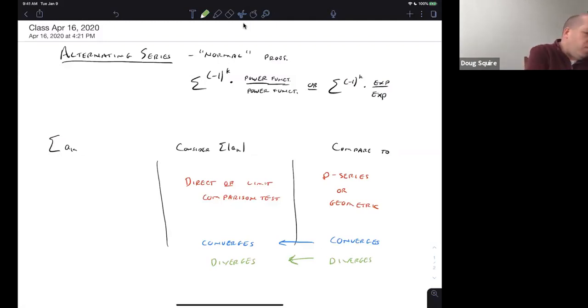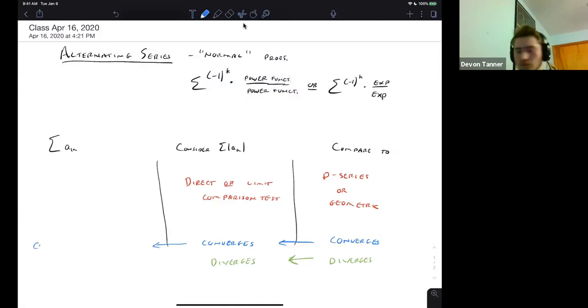Okay, if the one in the middle converges, so if both of the ones on the right converge, then what does the original series do? Converges.